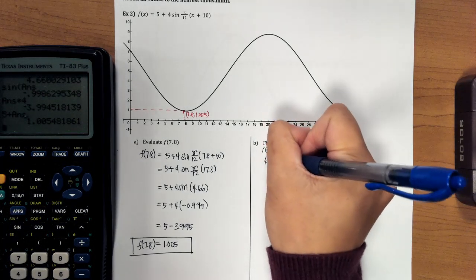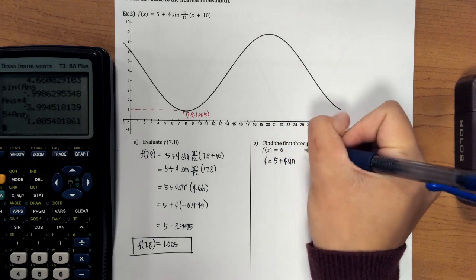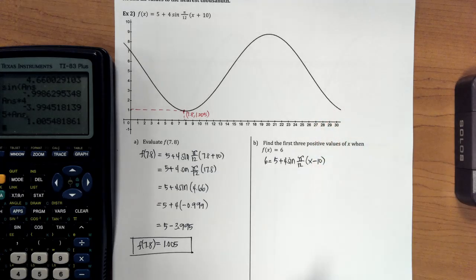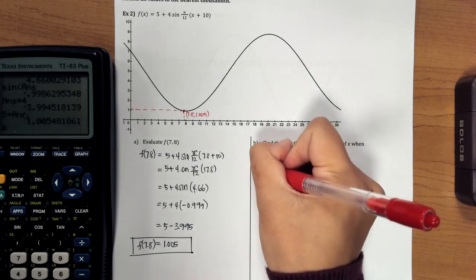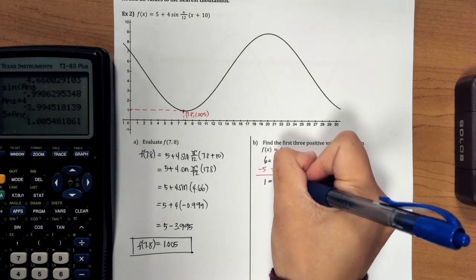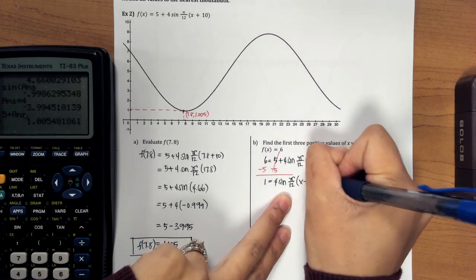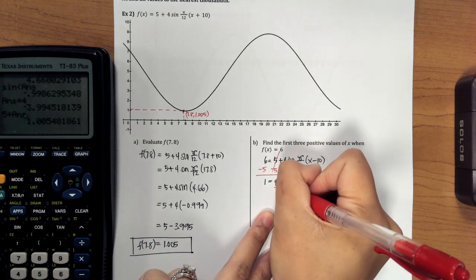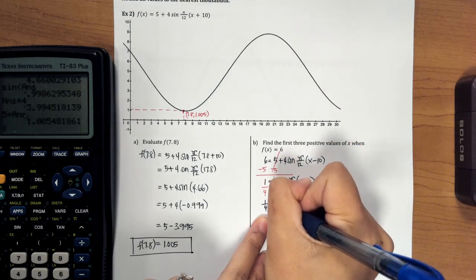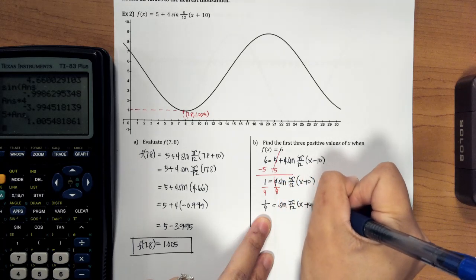So this will be 6 equals 5 plus 4 sine of pi over 12 times x minus 10. Then I'm going to divide by 4 on both sides. Sine of pi over 12, x minus 10.